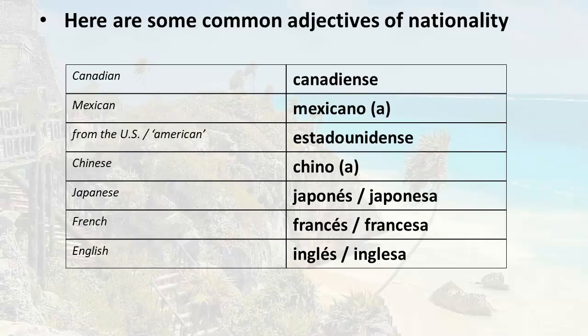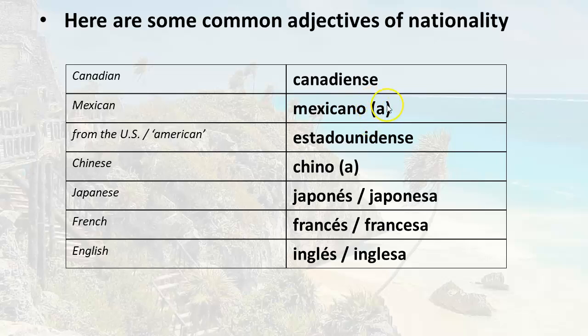In this lesson, we are just going to look at some more common adjectives, in particular adjectives of nationality. In looking at the list here on the Spanish side, if you see no notation, that means it just has a singular form and a plural form, like Canadian, canadiense, and from the US, or quote-unquote American, estadounidense. If you see a notation, this is a common notation that you find in textbooks.